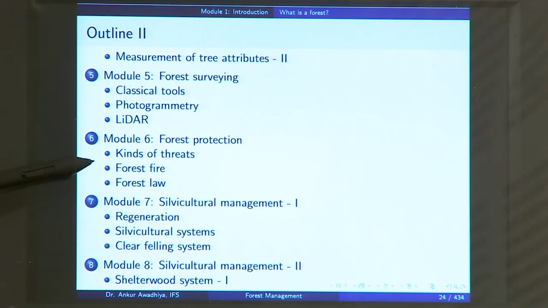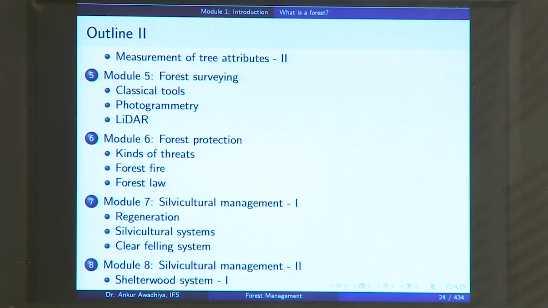And the most important one, we will look at forest fire, how do you protect your forest against fire, and then we will also have a look at forest law. So, under the Indian Forest Act 1927 or the Wildlife Protection Act 1972 or the Forest Conservation Act 1980, what are the provisions that are available to protect the forest is something that we will cover in this lecture.